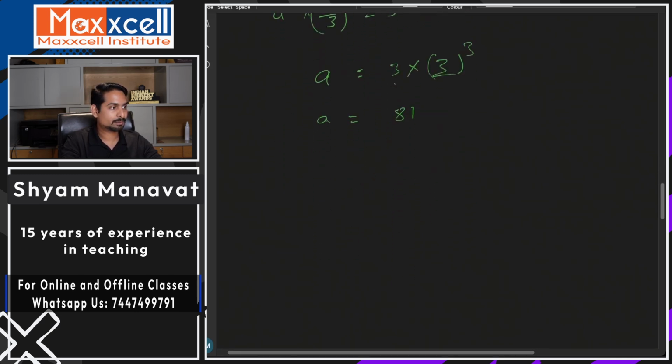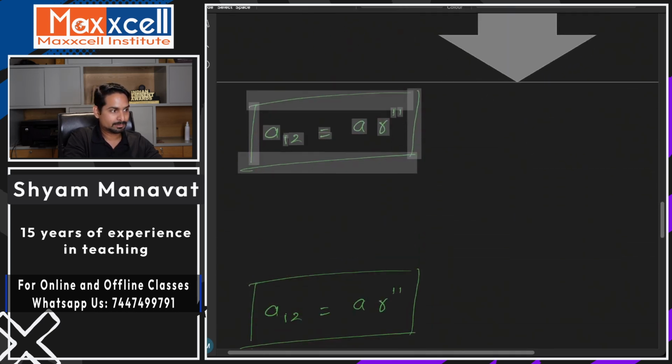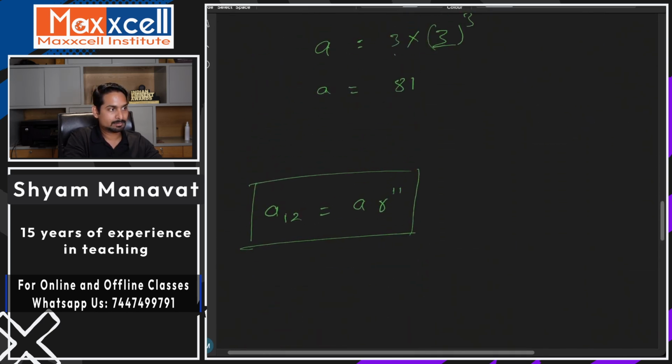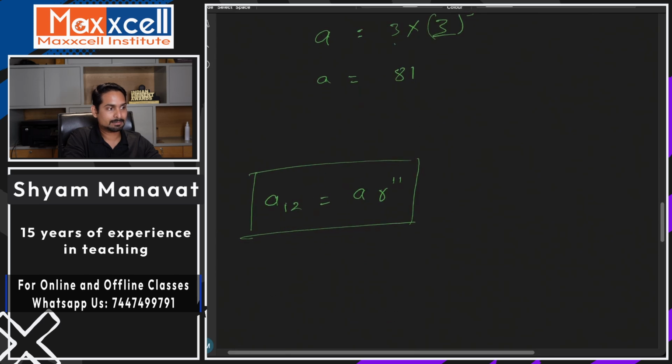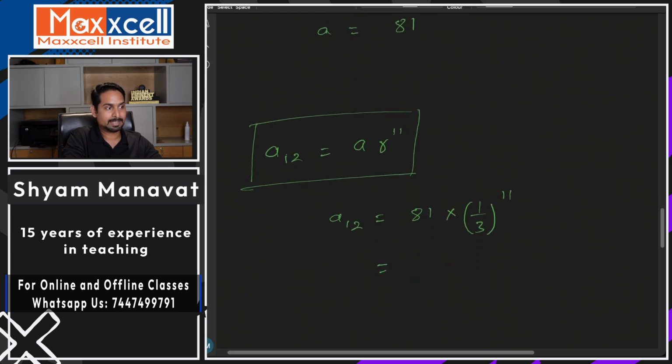Now, what do we need to find out? We needed to find the 12th term. So the 12th term here will be 81 into R, which is 1 upon 3, to the power 11. Let's write 81 as 3 raised to 4, and if you multiply, this will be 3 raised to 11. That is the 12th term.